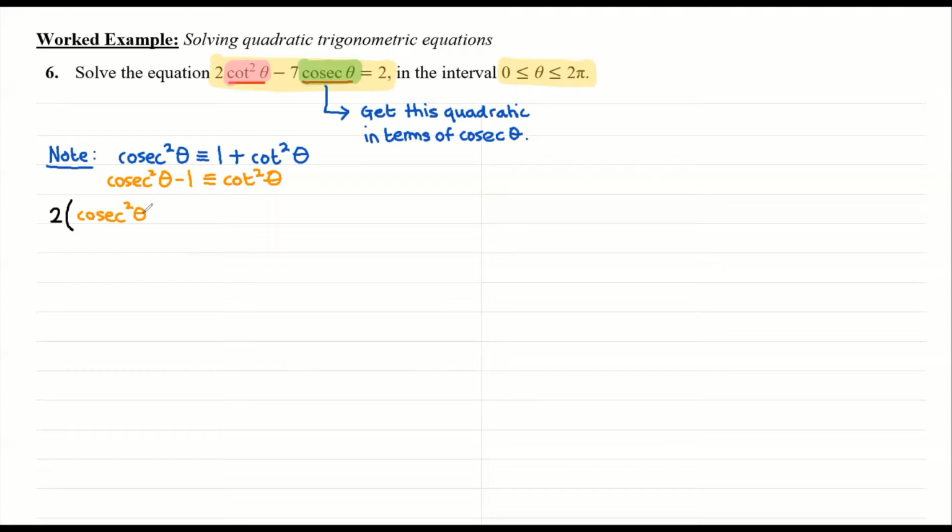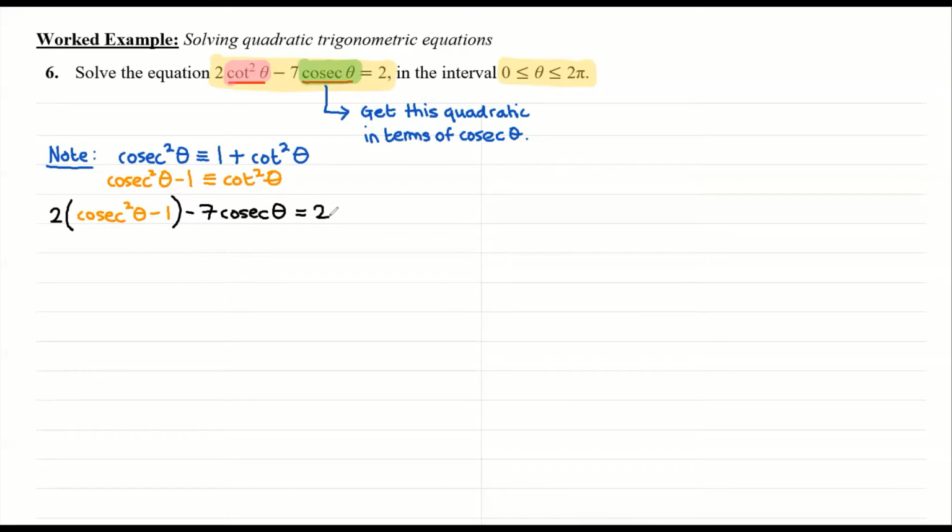Notice I'm not saying cosec squared theta. I tend to drop that, but that's what I mean. Okay, then we're going to subtract 7 lots of cosec theta, and that is apparently equal to 2, and we'll worry about the interval later.